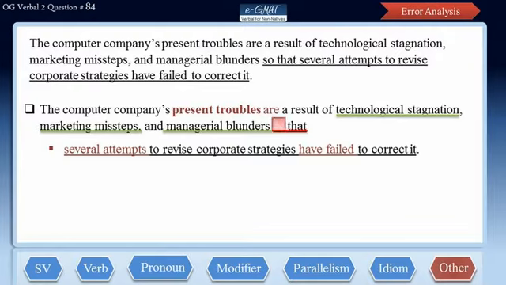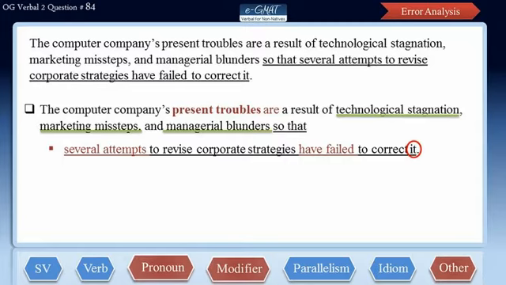If "so" is removed from "so that", then that will correctly turn into a noun modifier, and then it will correctly describe all the troubles. Hence, presence of "so" also leads to modifier error in this sentence. Again, singular pronoun "it" is incorrect to refer to three troubles, and that leads to pronoun error in this sentence. In fact, we don't even need that pronoun at the end of "to correct."